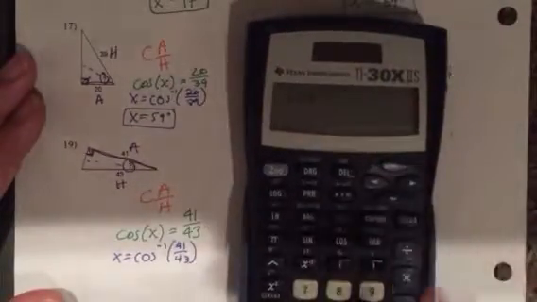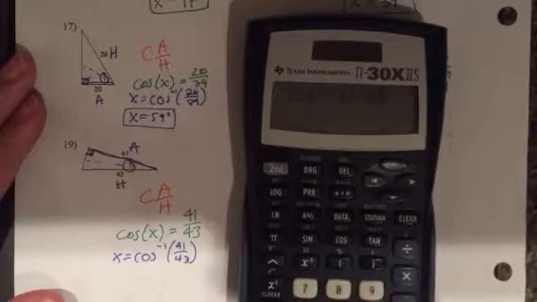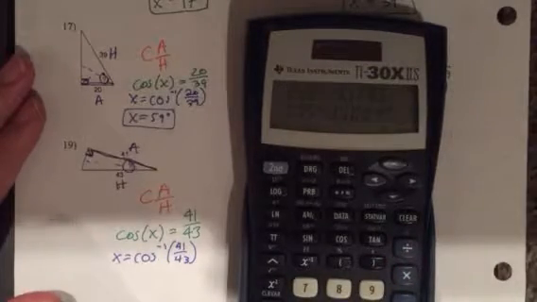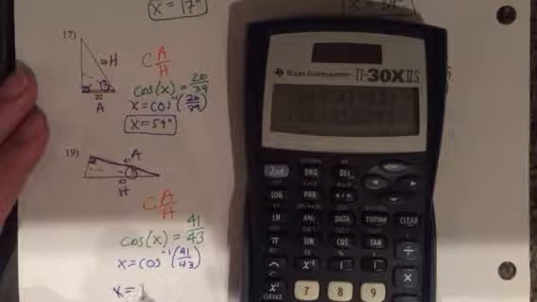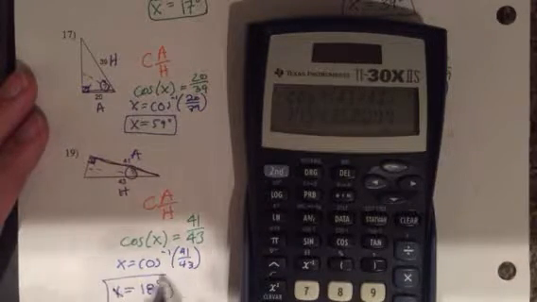Second, cosine 41 divided by 43 is equal to 17.5, rounds up to 18 degrees.